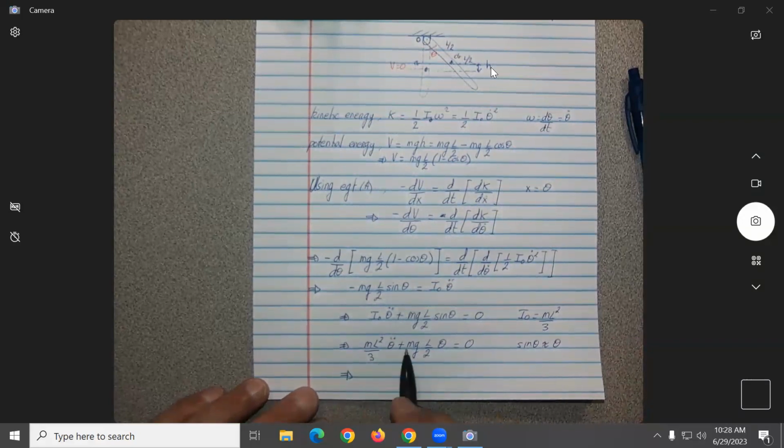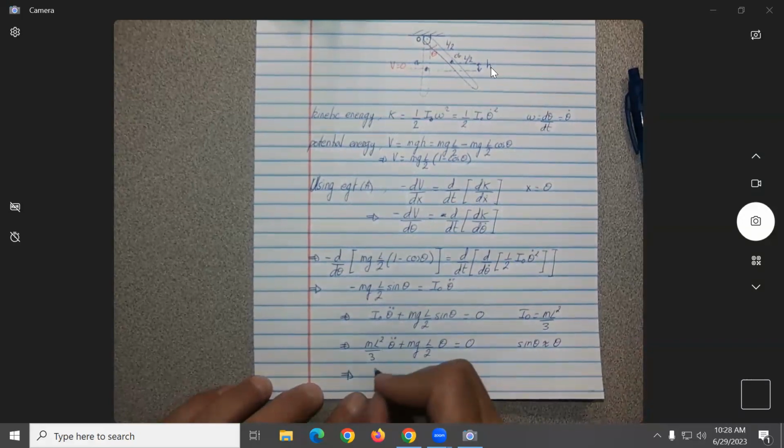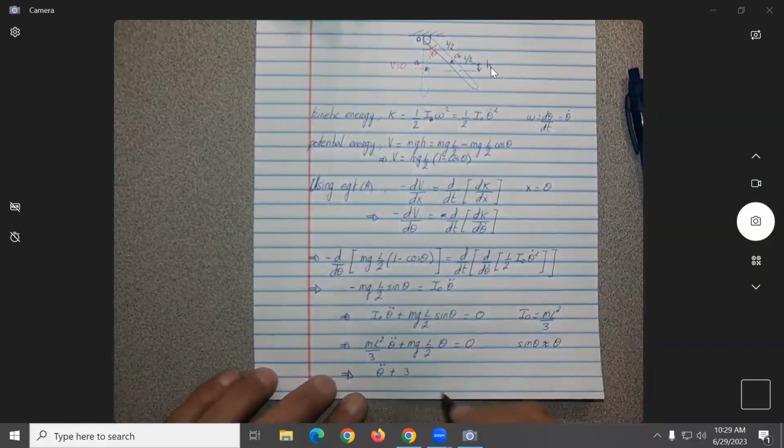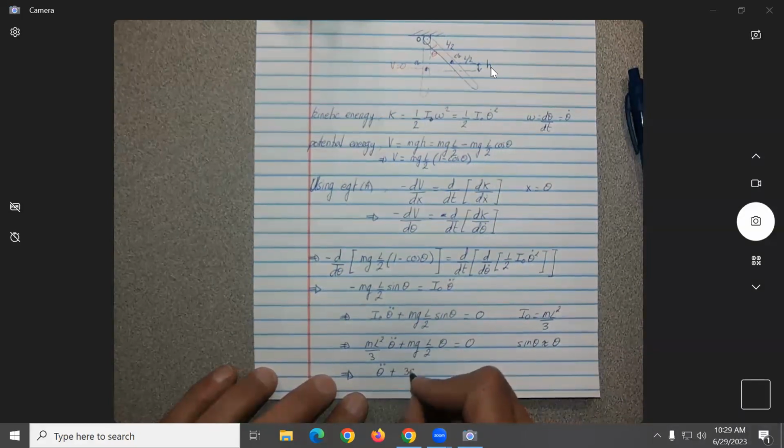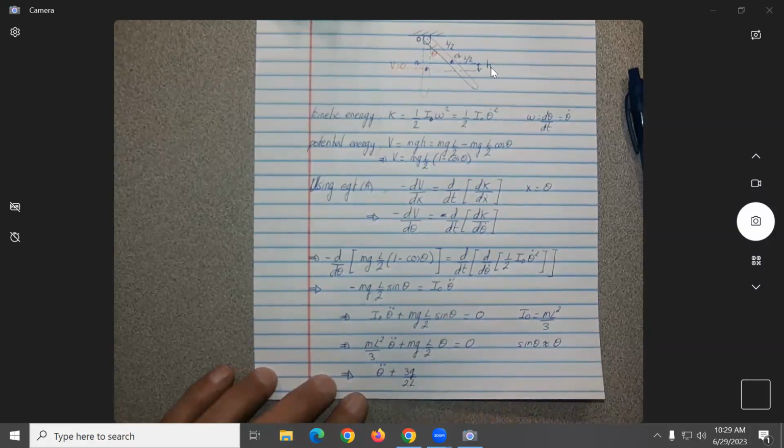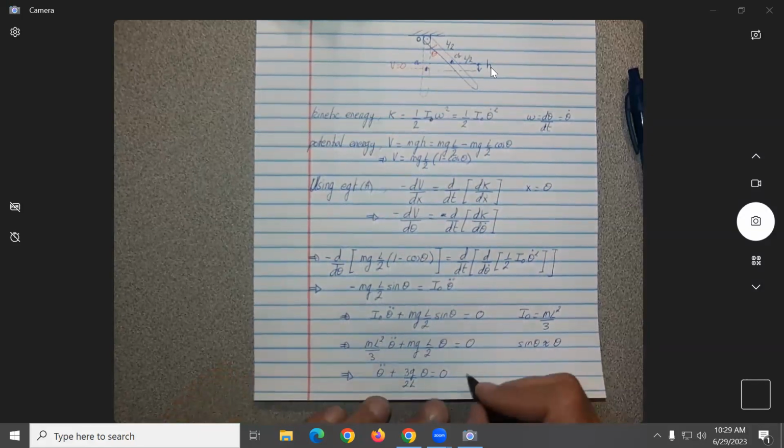If we divide everything by ml squared over 3, we get theta dot dot plus 3g over 2l theta equal to 0. I know I'm crowding everything at the bottom.